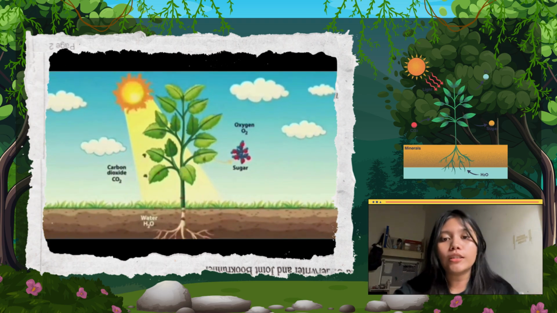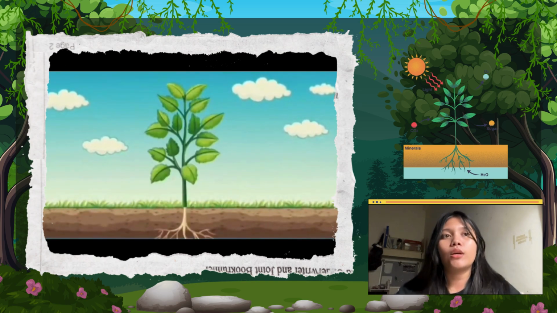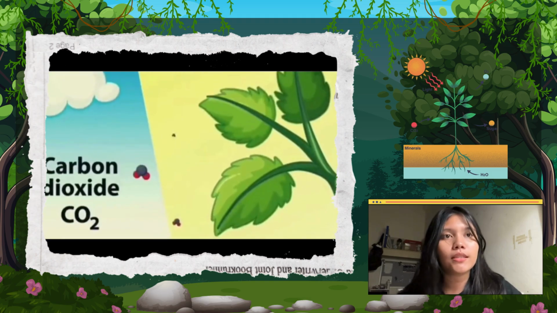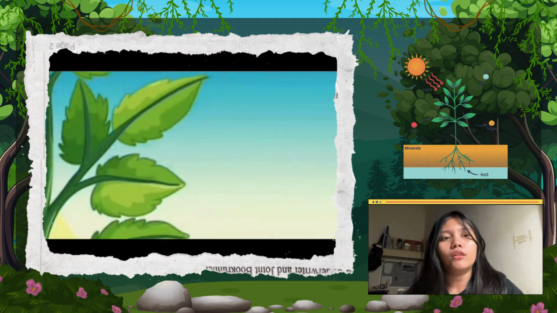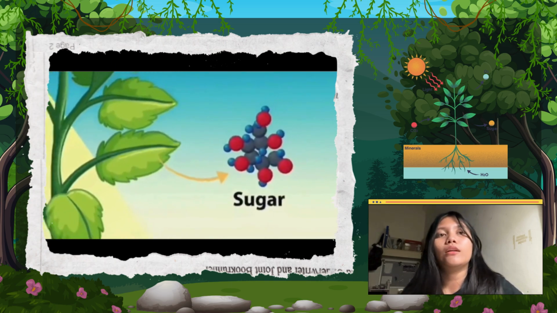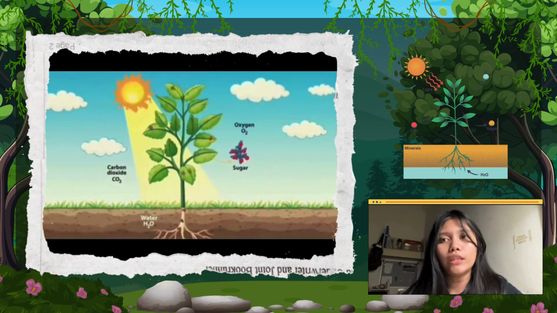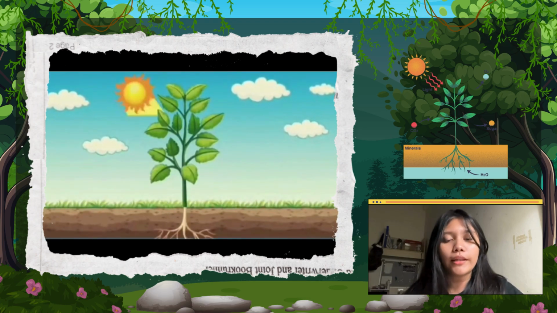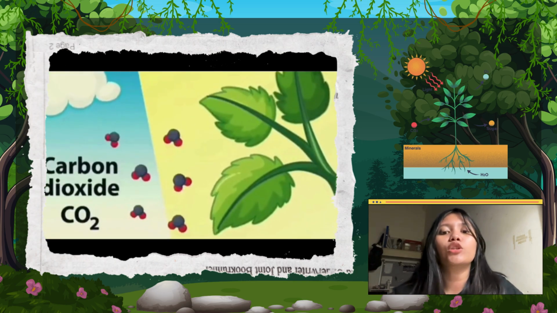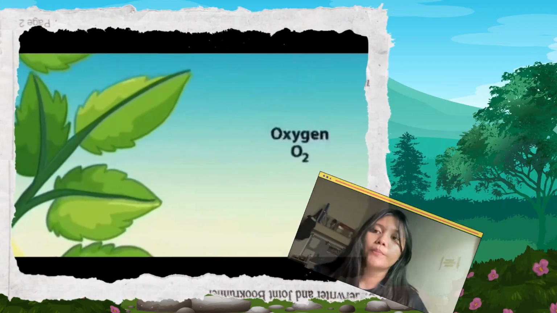In conclusion, photosynthesis is one of the most important biological processes in plants. It takes place mainly in the chloroplast of leaves, where sunlight, water, and carbon dioxide are converted into glucose and oxygen.